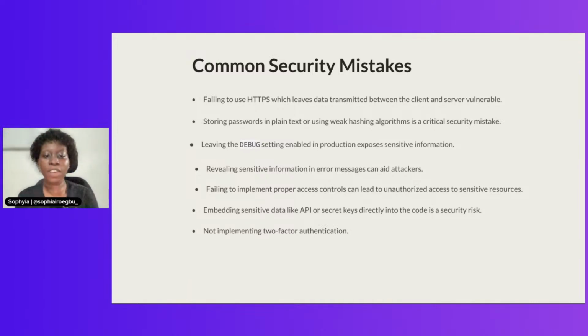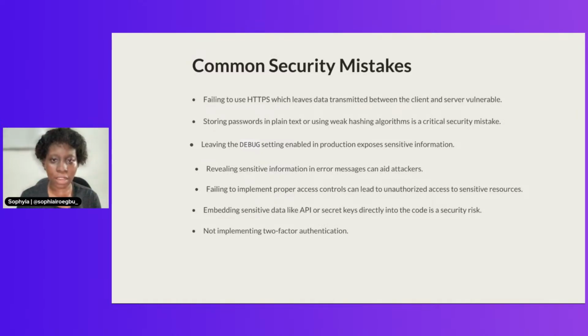First off, failing to use HTTPS when sending data from the client side to the server side. When you fail to do this, you leave that data that moves from the client side to the server side vulnerable to attacks.